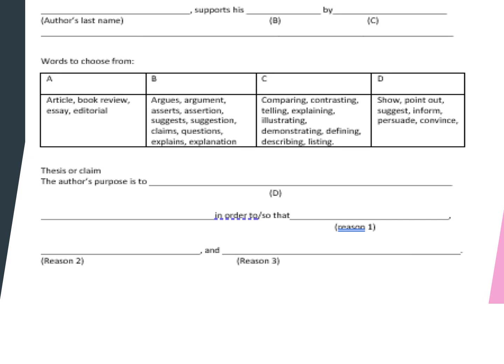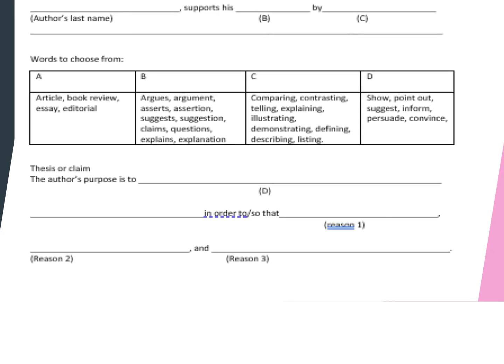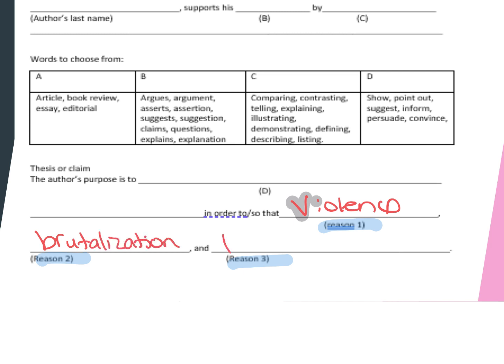There it is, I put it down here: by reason 1, reason 2, and reason 3. So this would be violence, brutalization, and family. Whatever your 3 hashtags are. Those are your hashtags. Does that make sense? You have to put those in your thesis statement, so don't forget those.